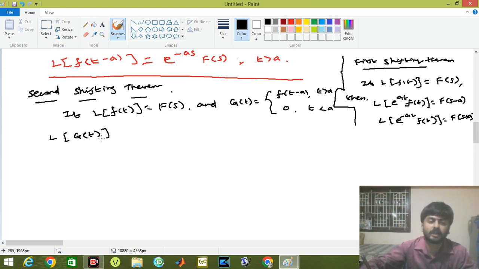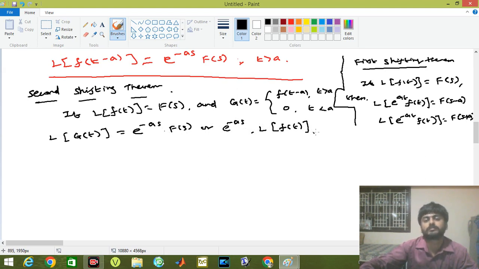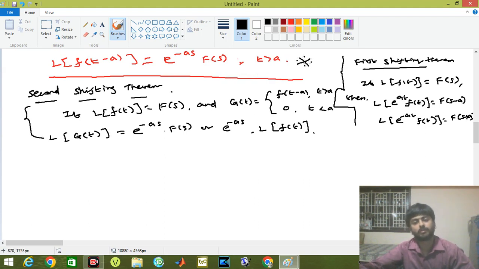Now for that you will have L of g of t equals e power of minus as f of s, or e power of minus as L of f of t. So I have reduced the whole statement into a simple result, and this result is important.